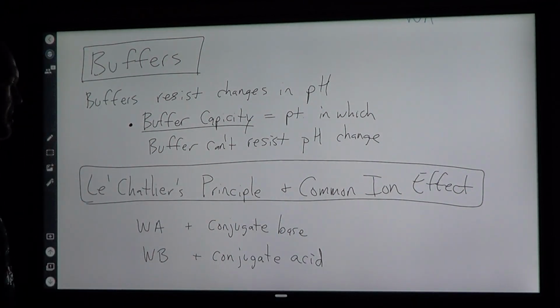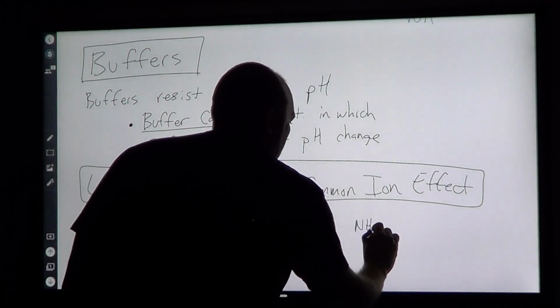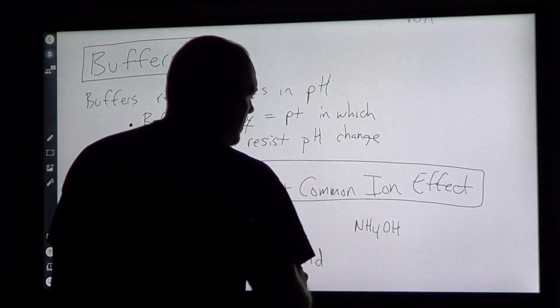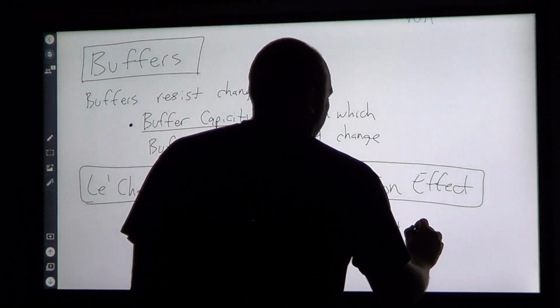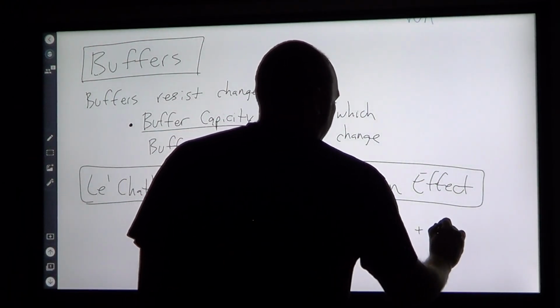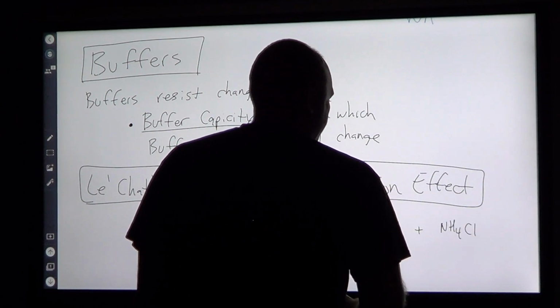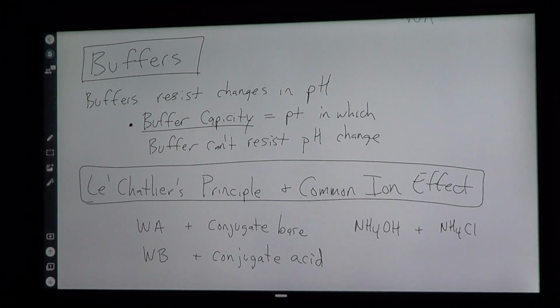Okay? So for example, okay, if we had ammonium hydroxide and we mixed it with ammonium chloride, that would make a buffer.